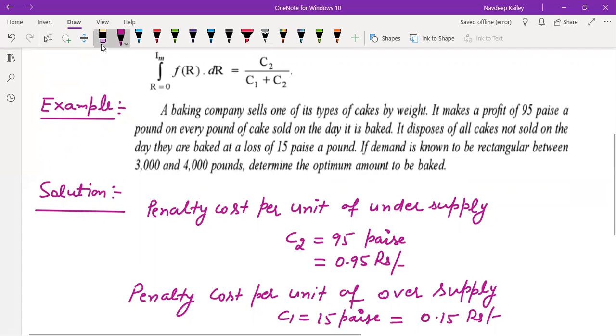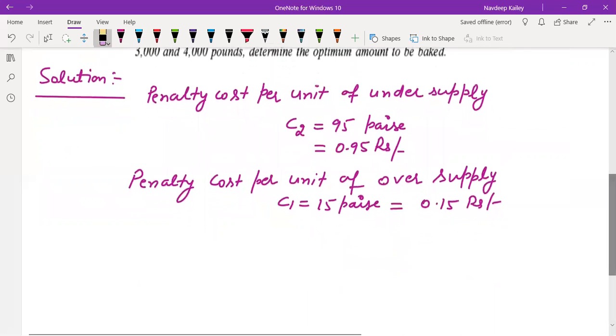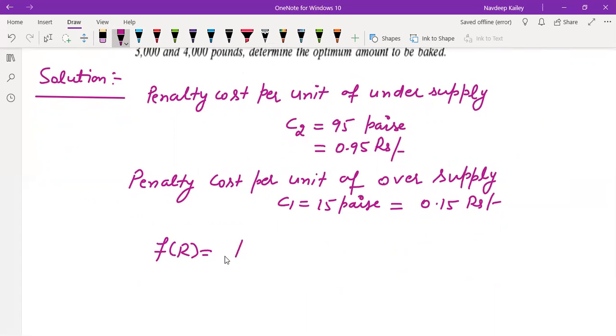Now, the demand is known to be rectangular. In case of rectangular distribution, we have the probability density function as 1 upon R2 minus R1, where R1 and R2 are demands.